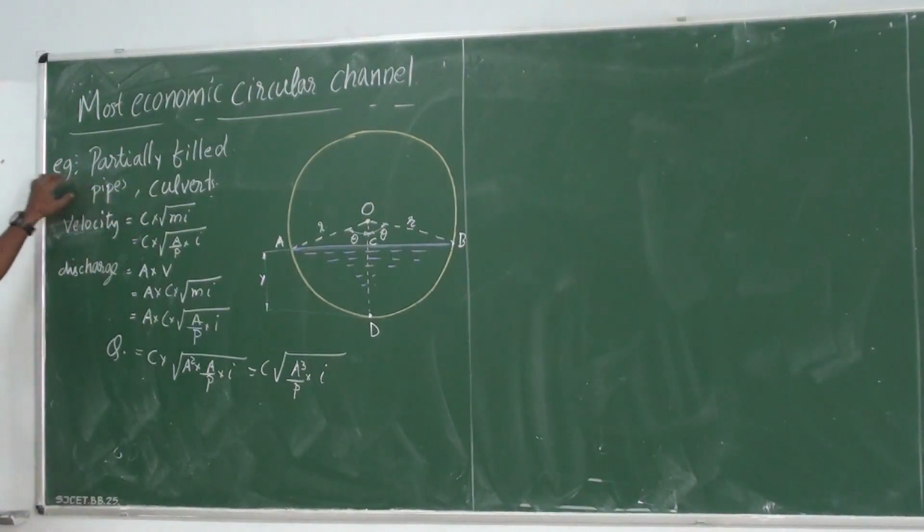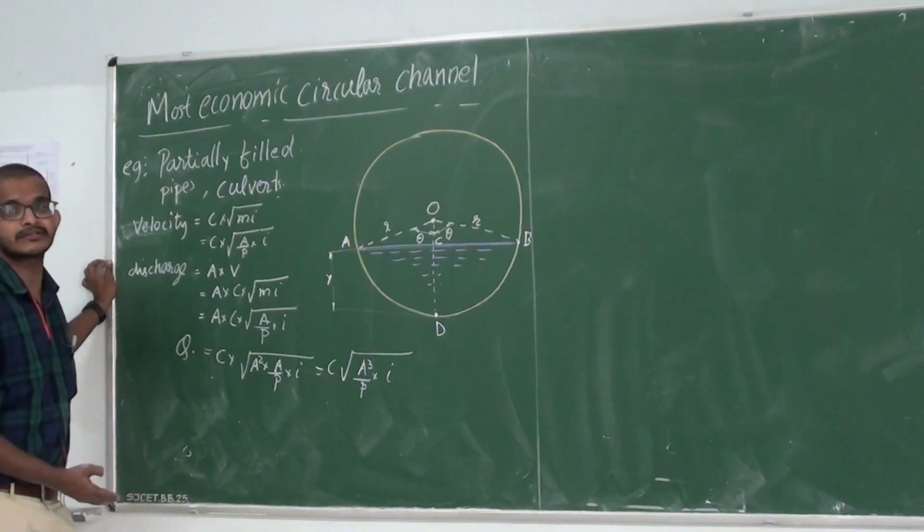Examples of circular open channels are partially filled pipes, that means pipes that are not running full, and culverts. The case of the circular channel is a bit different from the trapezoidal channel.